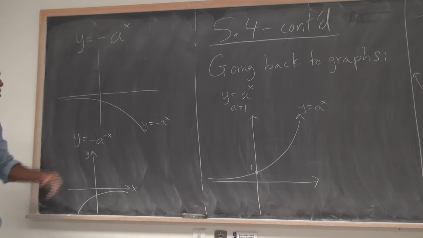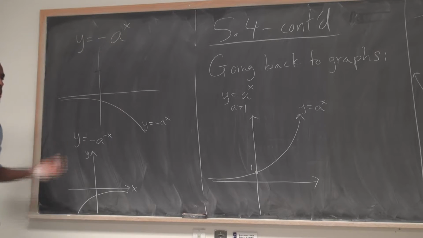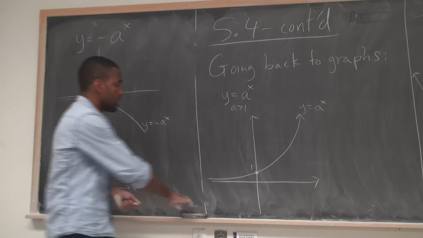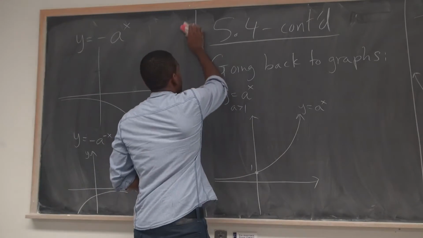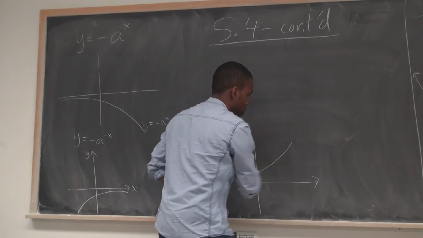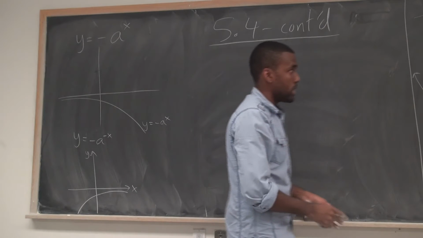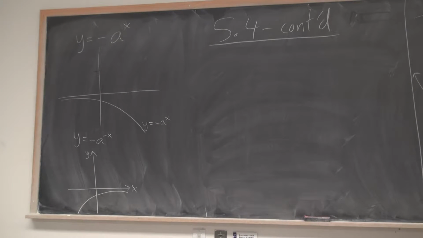Same thing with this guy. You can know if x is going to plus or minus infinity, you can see exactly what's going to happen. It's really good to have that intuition from the graphs. So I thought I'd just remind you about how these graphs work. We're going to come back to this in 5.8. Like I said, we're going to do limits again.